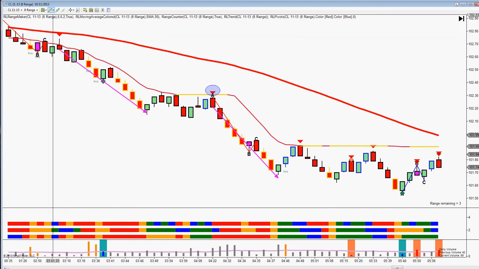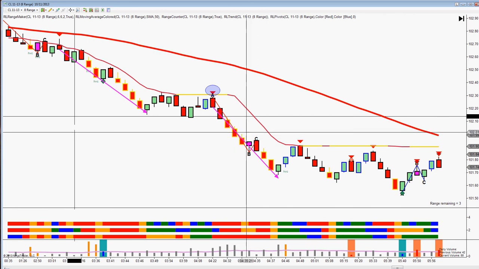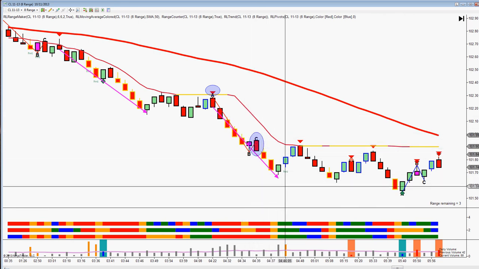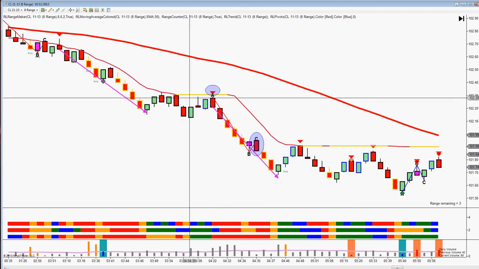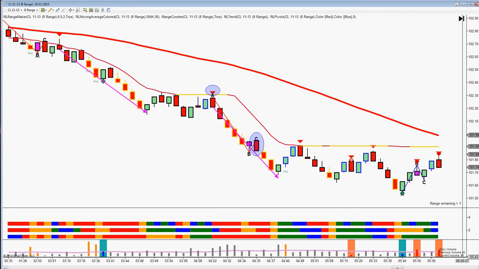But we do have an entry here on the C candle further down. So we would be able to capture a smaller part of the move, but via the rules where we do not trade yellow right line trend lines, we could not take this power entry.